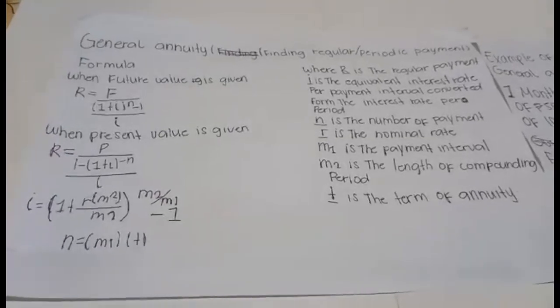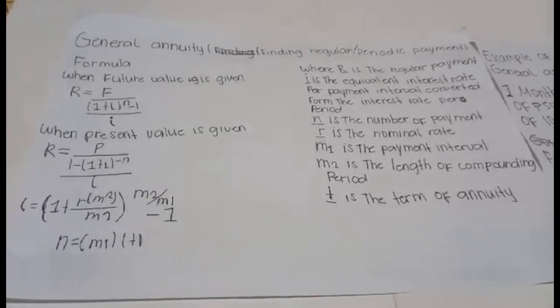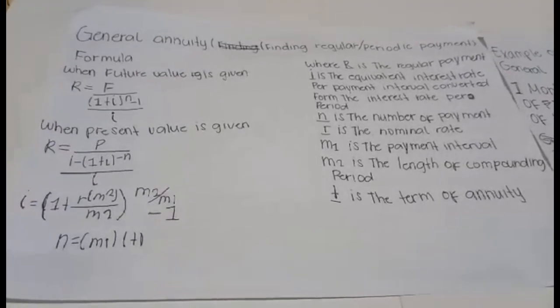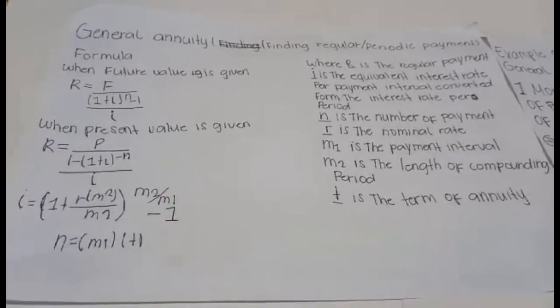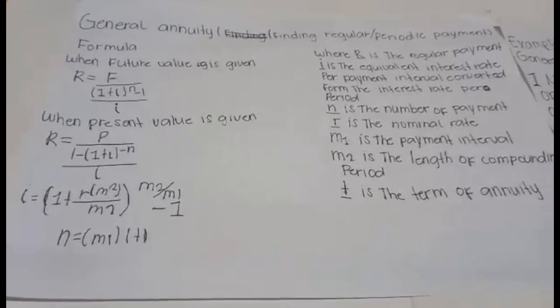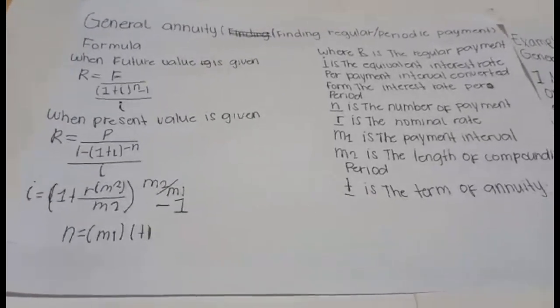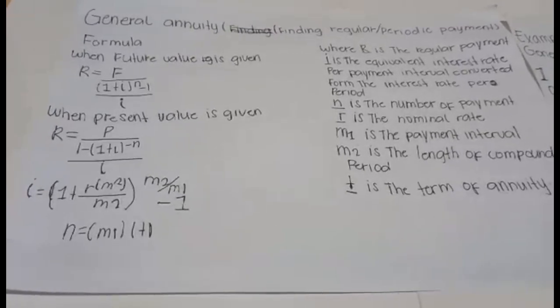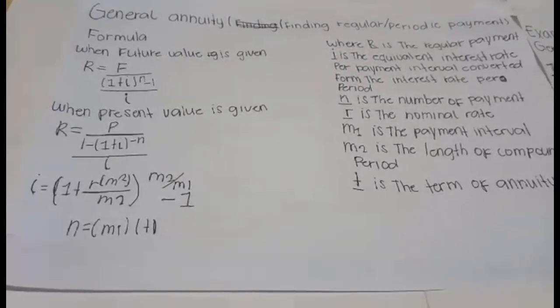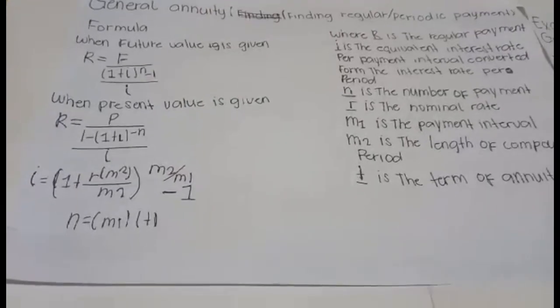General annuity: finding regular periodic payments. Formula: when future value is given, R equals F times I divided by ((1 plus I) raised to the power N, minus 1). When present value is given, R equals P times I divided by (1 minus (1 plus I) raised to the power negative N).